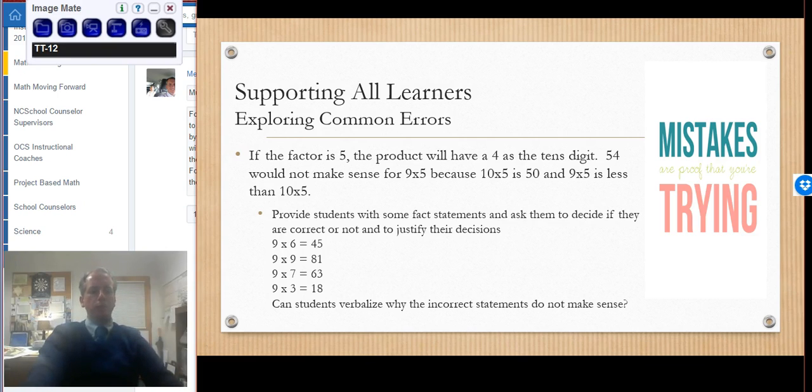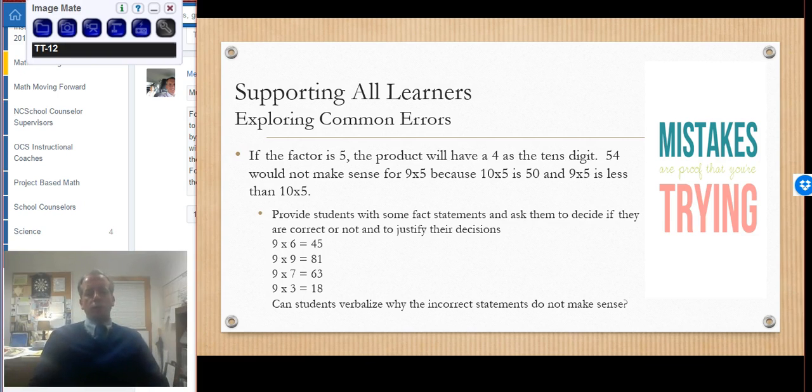some other ways we can give kids practice. One is by looking at common errors, right? So we can give kids a list of things like 9 times 6, 9 times 9, 9 times 7, 9 times 3, and say, okay, which ones of these make sense? And making sense is number sense, right?